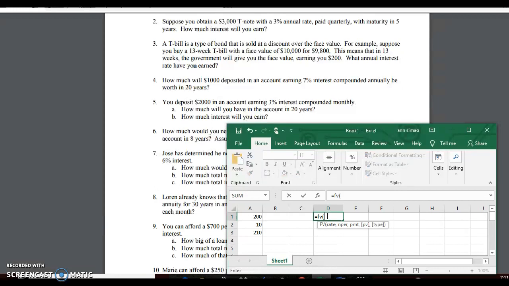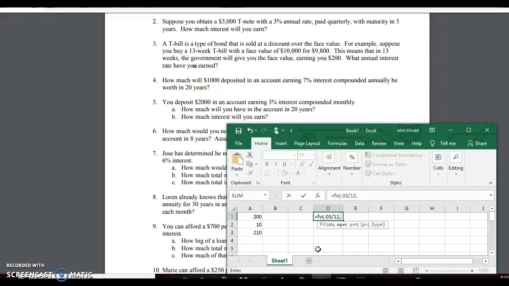And once I open those parentheses, you see this area right here. It tells me I need to put my rate first, my number of payments, my payment, my present value. So I want the future value. And I deposited $2,000. It's 3% compounded monthly. So for that rate, I need to do 0.03, but because it's monthly, I have to divide that 3%, 0.03, by 12, comma.